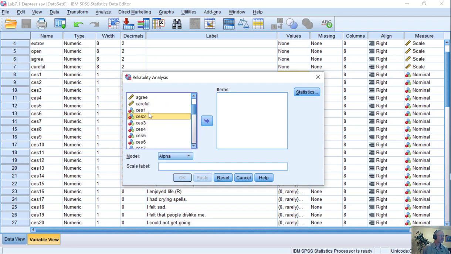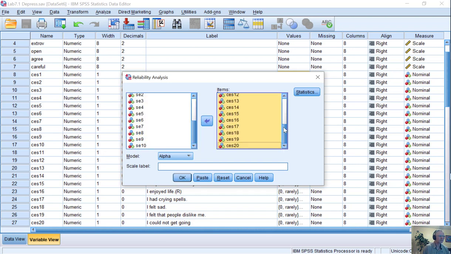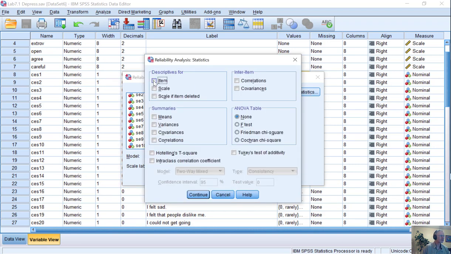I'm going to go ahead and display variable views here. I'm going to take all 20 of those depression items. Remember, I'm going to get descriptives for the item, scale, the scale if the item is deleted, and the correlations.